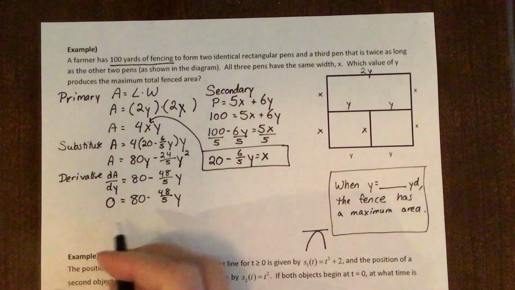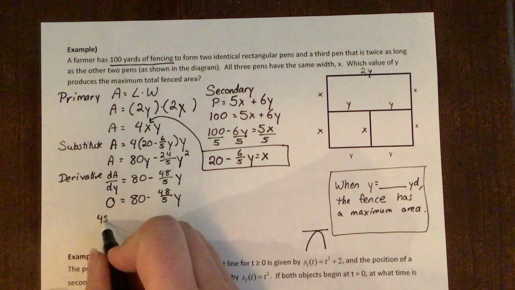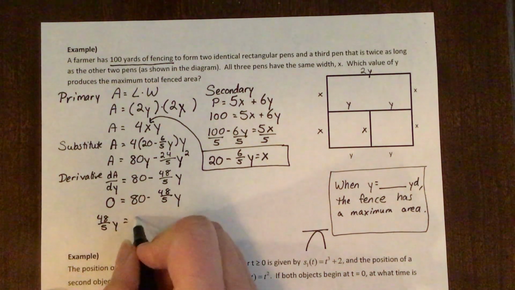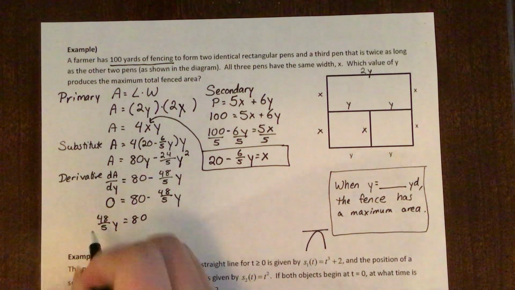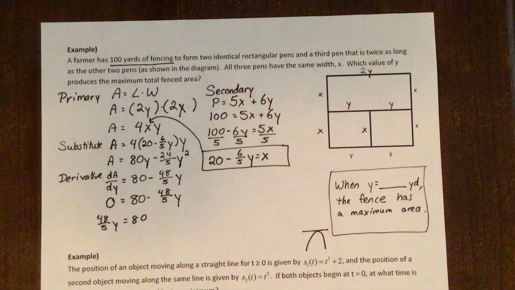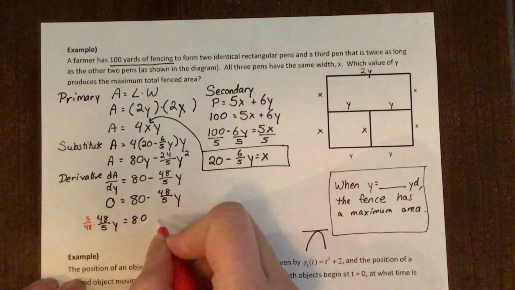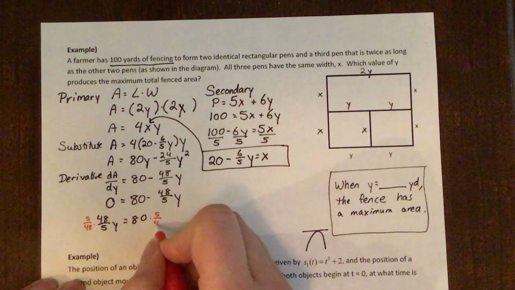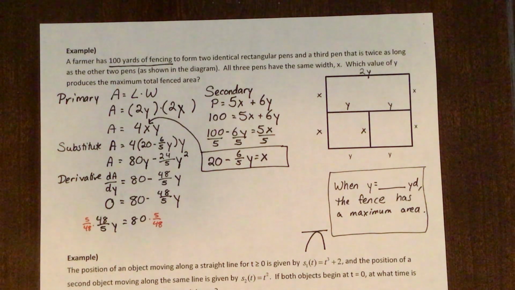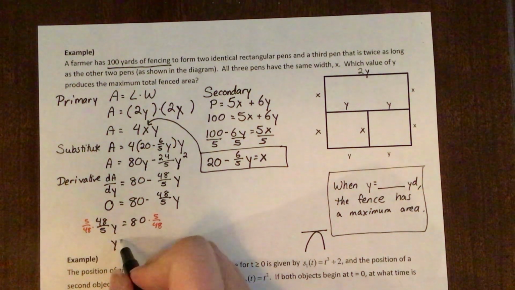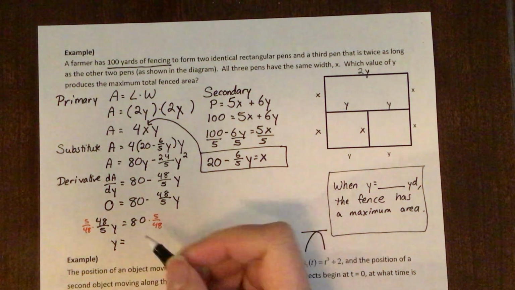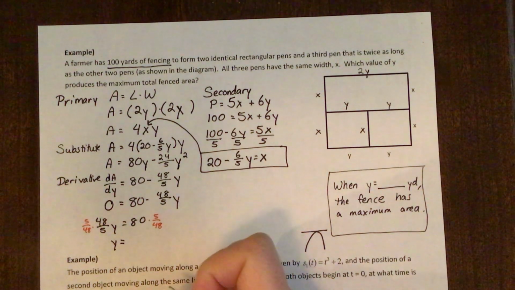Move that fraction term over to the left, making it positive. 48 fifths y equals 80. And then multiply both sides by 5 over 48 to cancel out the left, and we get y equals 8.3 repeating.